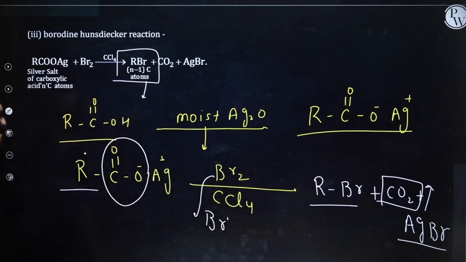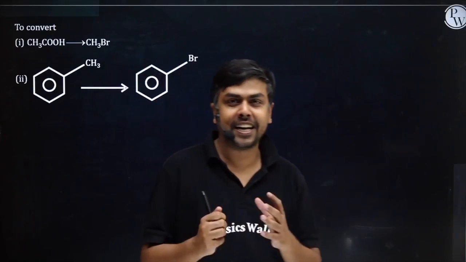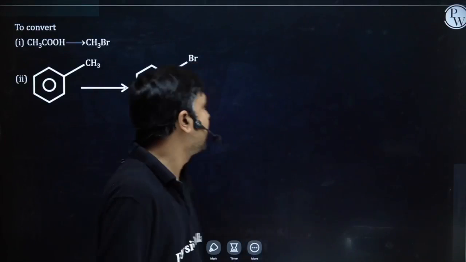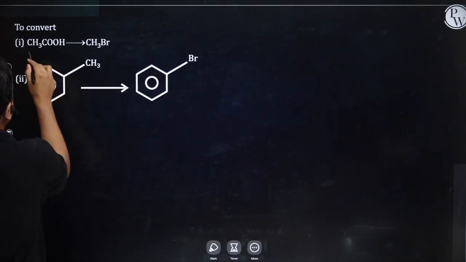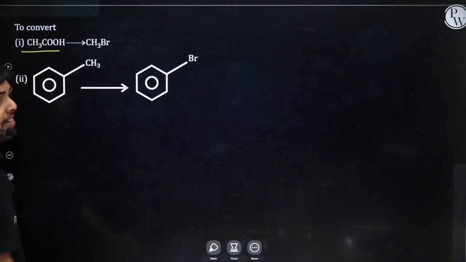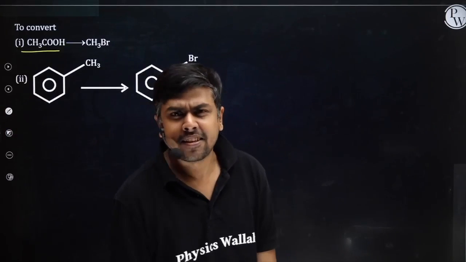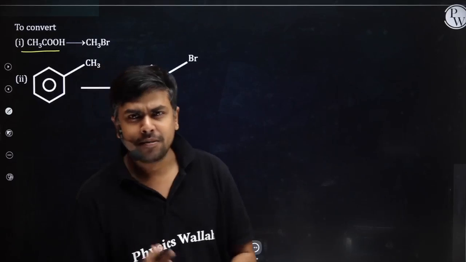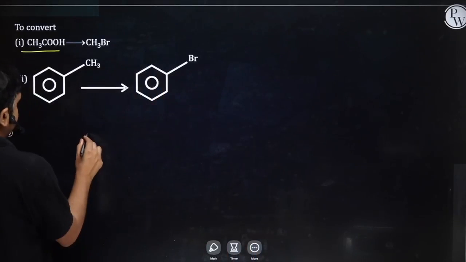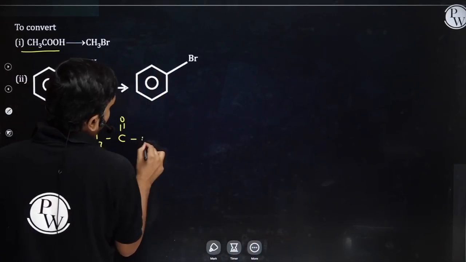Let's move ahead. Friends, moving ahead, now let's discuss these two questions related to Hunsdiecker reaction. Okay, student, if I talk about the first one, I am given acetic acid and I need to convert this acetic acid to CH3Br using a series of reagents. Can you convert it? Please try it. I'm having acetic acid CH3C double bond OOH.